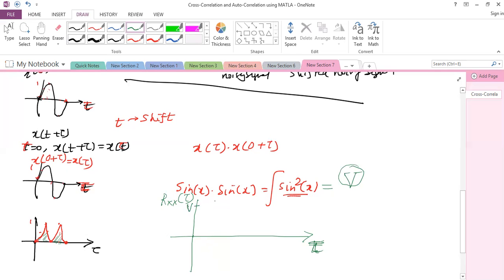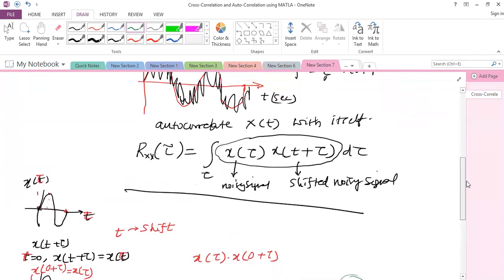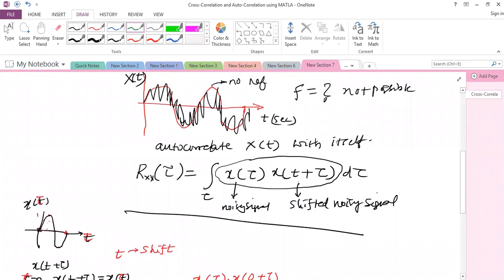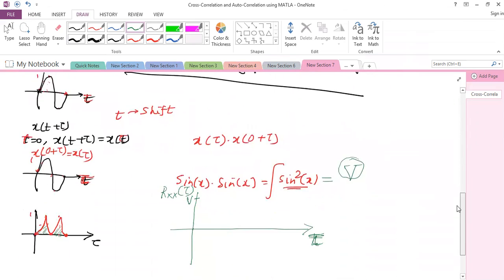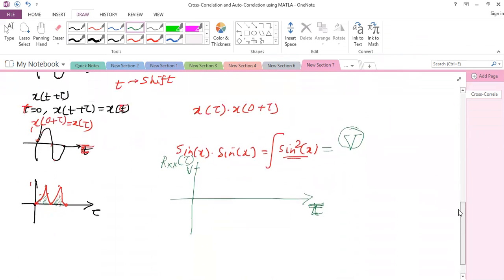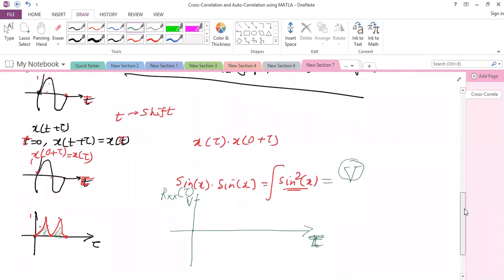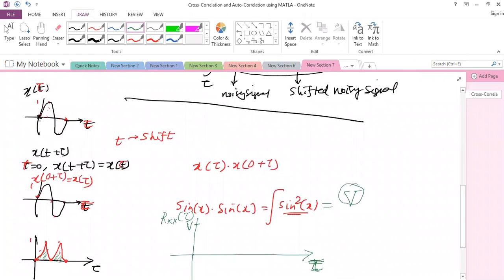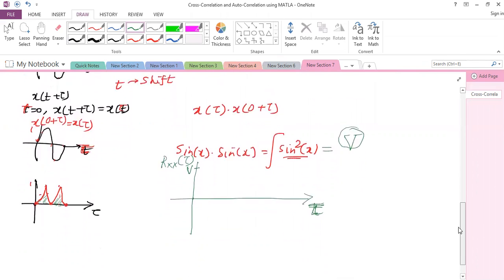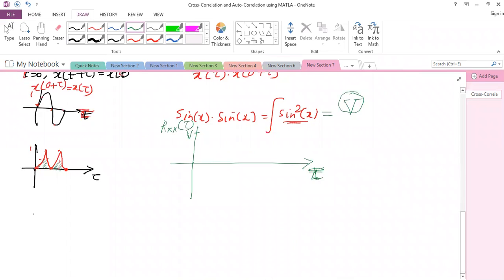Okay. Now, your complete autocorrelation depends on the shift value. That is, we have to keep on shifting. Now, let us say we shift a half cycle. If we shift a half cycle, what do we get? So we get the signals looking like this.